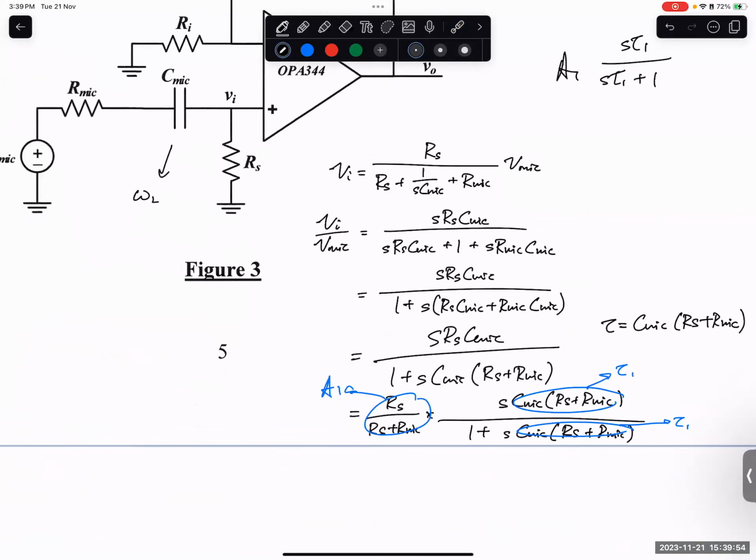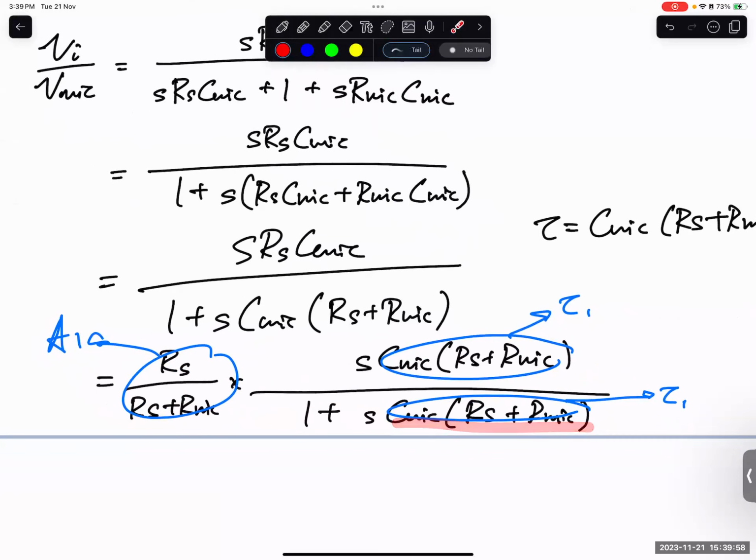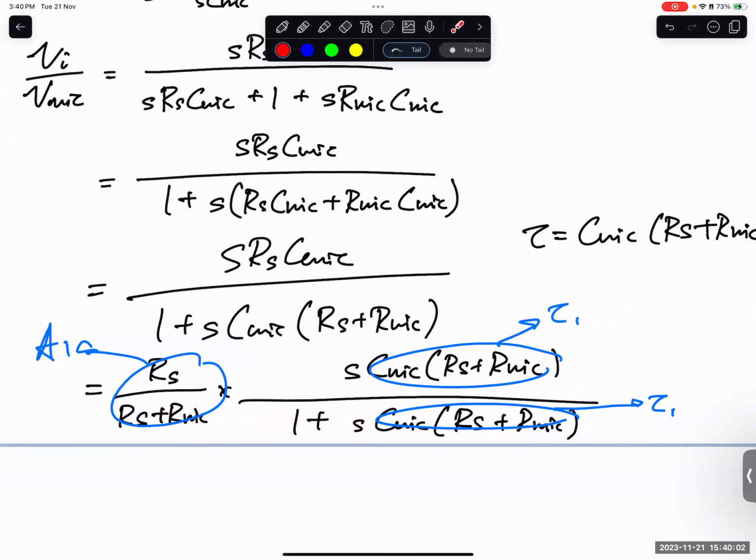Okay, so what we're trying to do is get the time constant for that particular portion, and then we know that our time constant is this one. So at the bottom we already have the time constant, right? All along we have it, but the top we don't have. So we need to somehow convert the top to be the same expression as this.